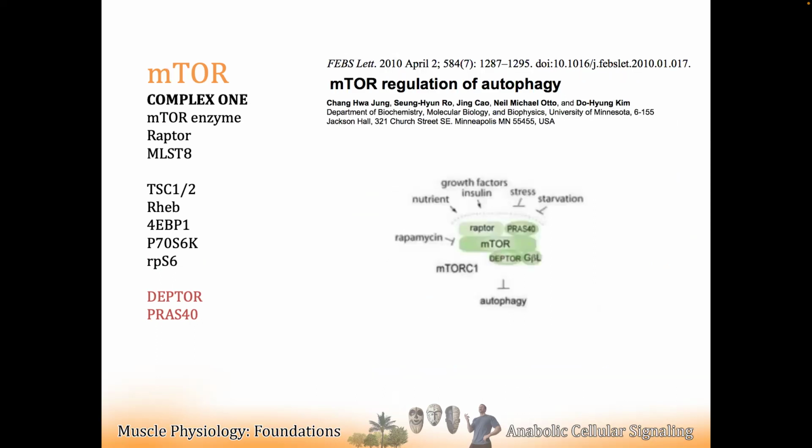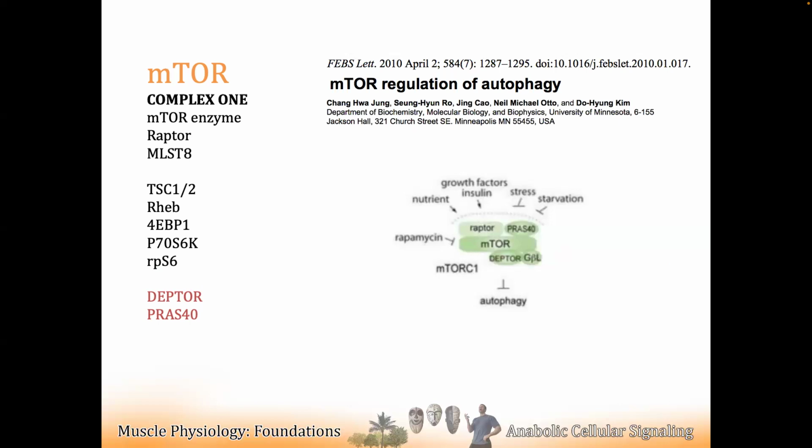But if you block mTOR, like Deptor does, you're blocking the thing that's inhibiting apoptosis and autophagy, the degradation and recycling of your cellular materials. And apoptosis is programmed cellular death. So when Deptor blocks mTOR, you're going to start shrinking pretty quickly if you don't come up with a solution.